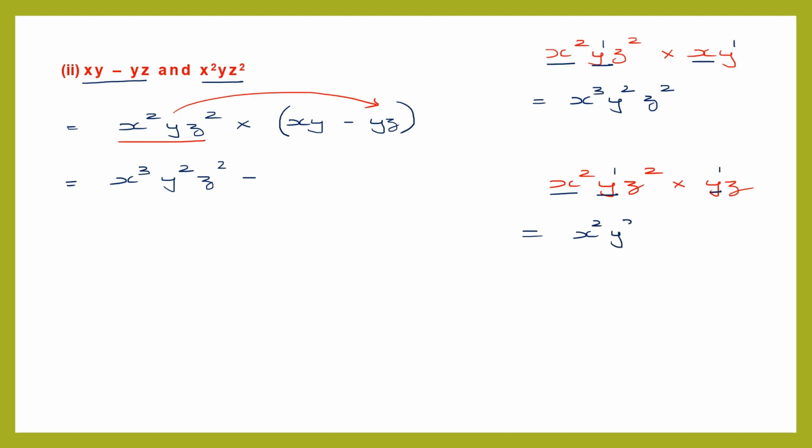So y to the power of 2, z 2, and here this 1, so z to the power of 2 plus 1, that is 3. So what do we have here? x square, y square and z cube. So we have our answer here. This is our answer: x cube y square z square minus x square y square z cube.